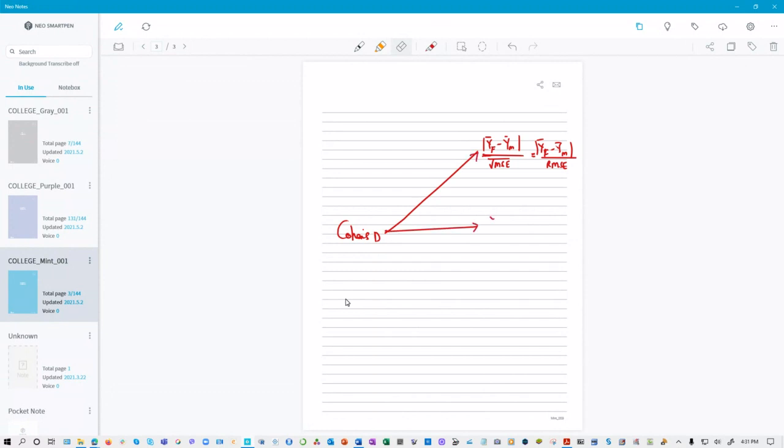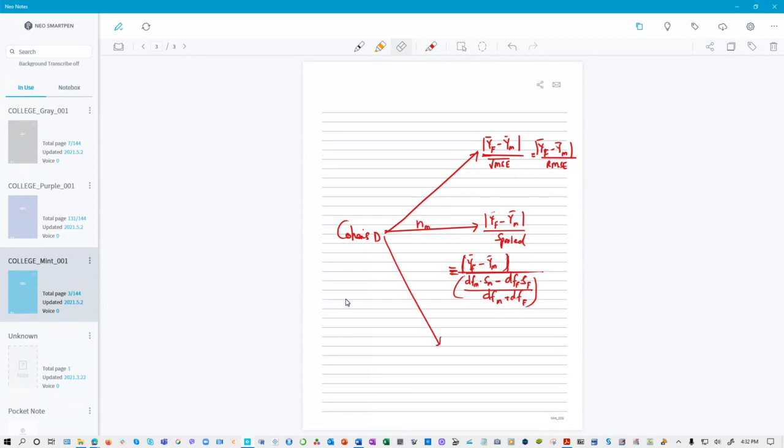The other way, y bar f minus y bar m divided by s pool, which means y bar f minus y bar m over degrees of freedom of male times s of male, plus degrees of freedom of female times standard deviation of female, divided by degrees of freedom of male plus degrees of freedom of female. Okay, that's another way to look at it.